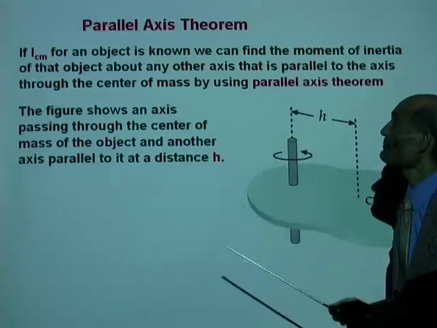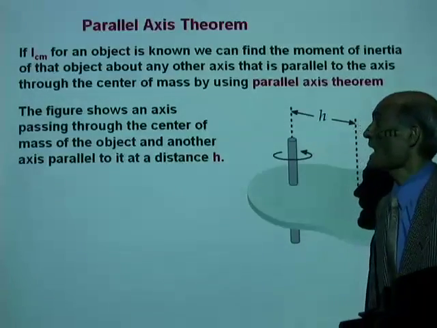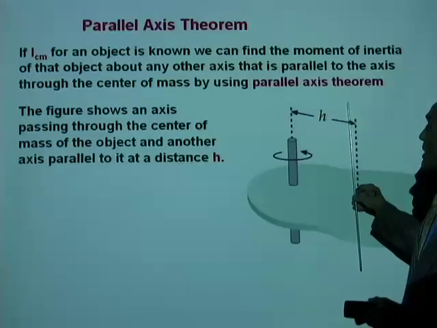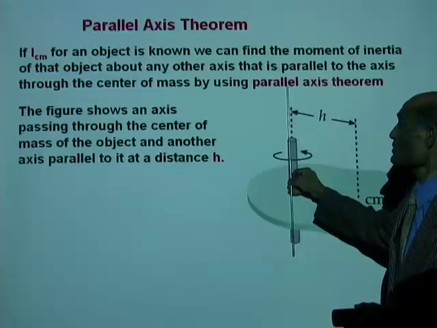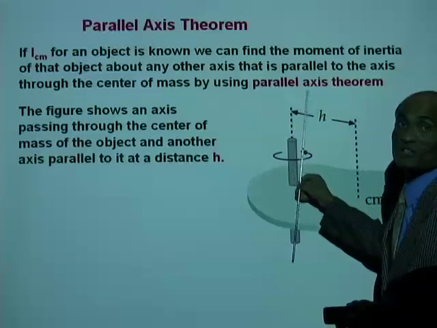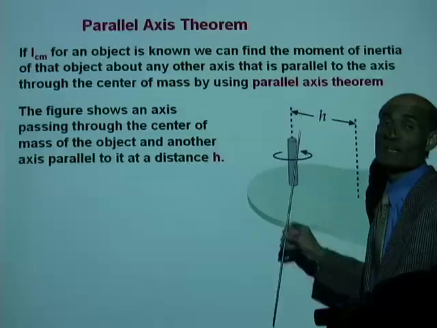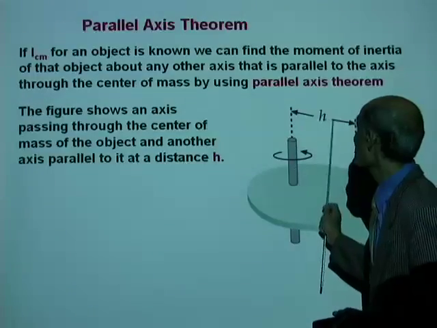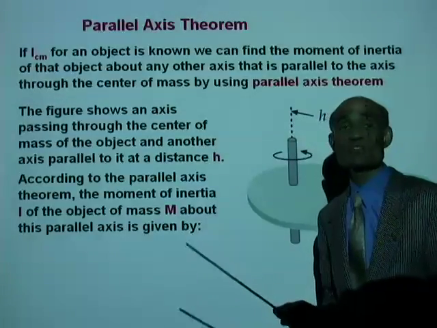So the figure shows an axis passing through the center of mass of the object and another axis that passes at a distance h from it. So the distance between those two axes is h.